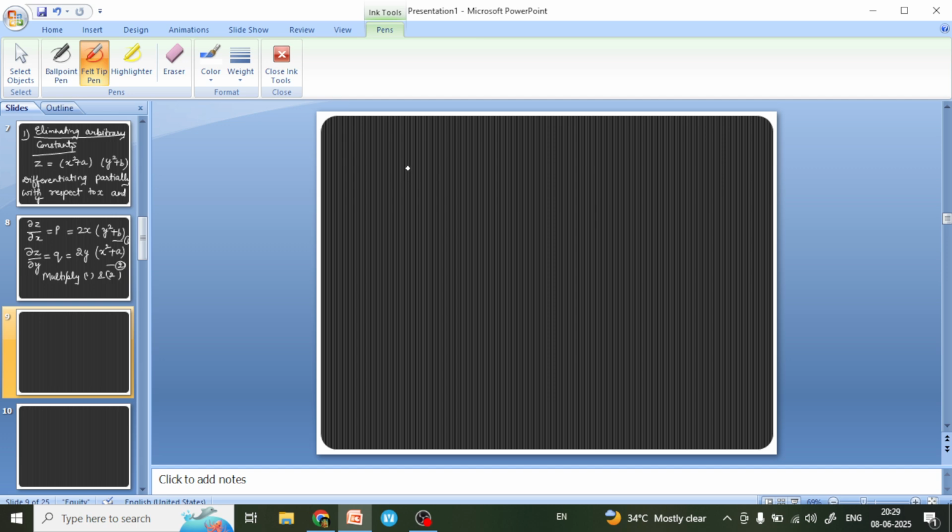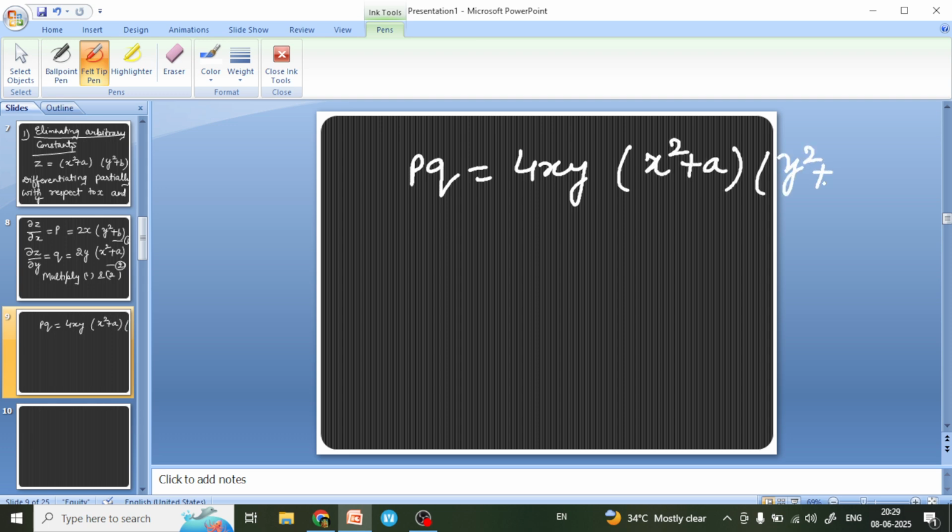We will find pq equal to 4xy (x square plus a)(y square plus b), which should be equal to 4xyz. This is the solution of eliminating arbitrary constants.